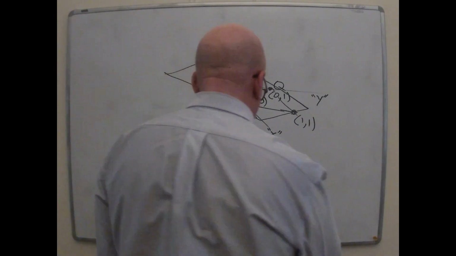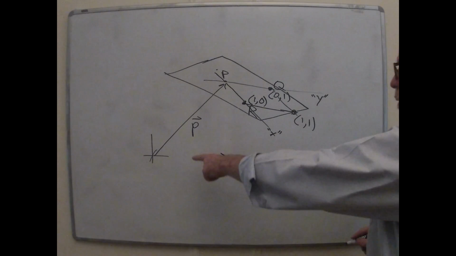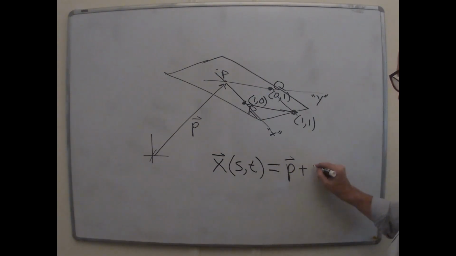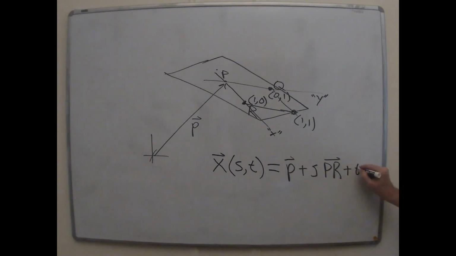And it looks like this. You have your initial position, P, plus, let's see, s times the vector from P to R. So s is like your x coordinate, and t times the vector from P to Q. So that t is like your y coordinate.